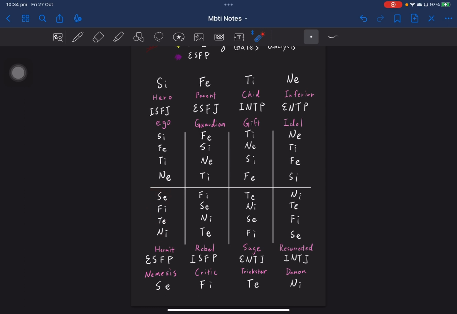Because you like to use these four so much in your ego, these ones tend to get sidelined as a result. Not that you don't have them, but you don't put too much attention on them naturally.